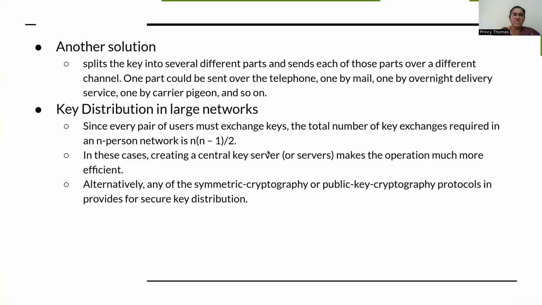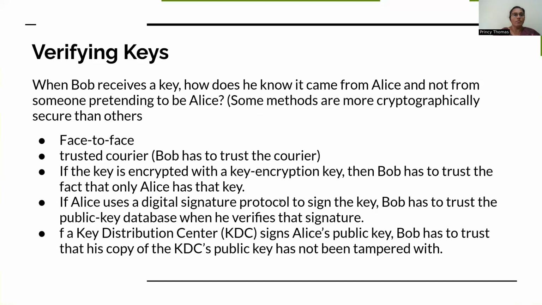And in these cases, mostly there is a key distribution center, KDC or server, which makes the operation more efficient. We've seen all this earlier, how a key distribution center works and things like that. Alternatively, instead of using a key distribution center, a symmetric cryptography or public key cryptography protocol can be used to transfer or distribute the key securely. Okay. The next thing is verifying keys.